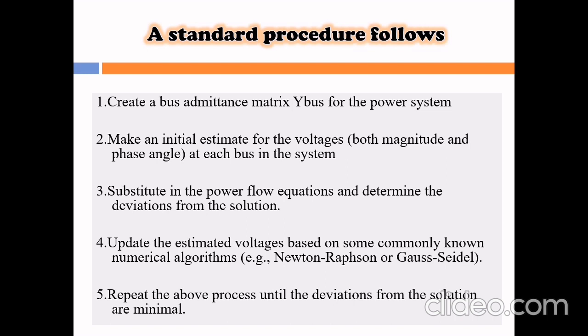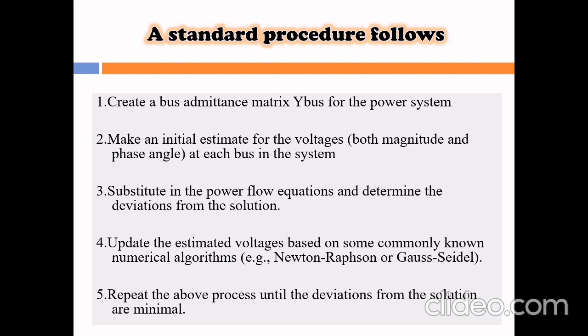Otherwise, if the initial guess values deviate more from the original, you need to carry out many iterations, which consumes time. So an expert can definitely guess these values better. Then third, substitute in the power flow equations to determine deviations.